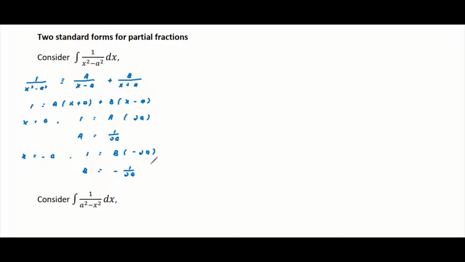Now let's substitute back into the integral. When I solve 1 over x squared minus a squared, I will actually be solving A, which is 1 over 2a, times 1 over x minus a, plus, but B is negative, so you straight away put minus 1 over 2a times 1 over x plus a, and then integrate with respect to x.